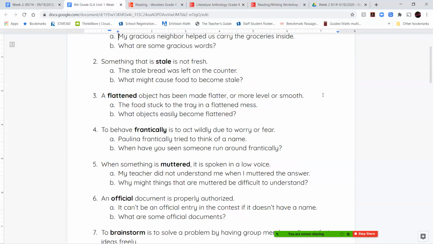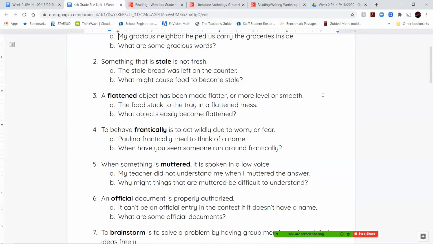Your next word is the word frantically. To behave frantically is to act wildly due to worry or fear. So what does that mean? When you are frantic, you are panicking, you are worried, you're running around back and forth. Paulina frantically tried to think of a name. When the queen asked her to come up with a name for her dish, she got really worried.